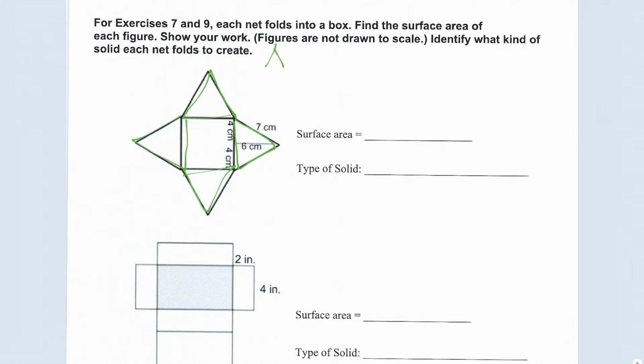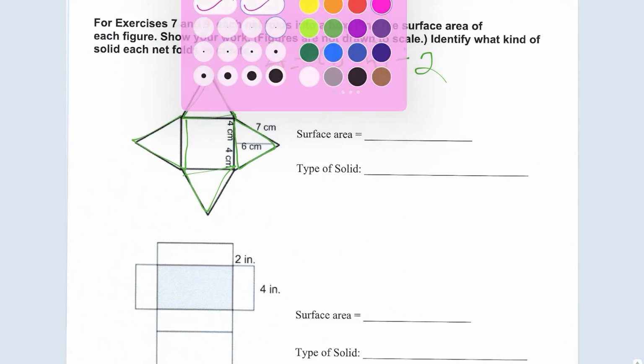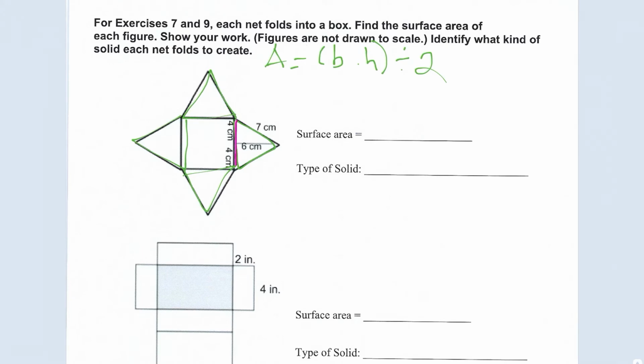So remember that the area of a triangle is you're going to take your base times your height, and then you're going to divide it by 2. Again, forgive my handwriting here. Okay, so it looks like the base of my triangle, I'll highlight it in pink, is that pink side there.